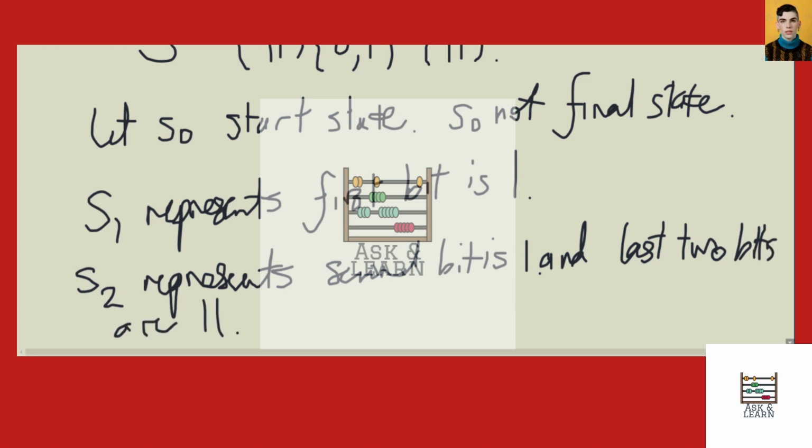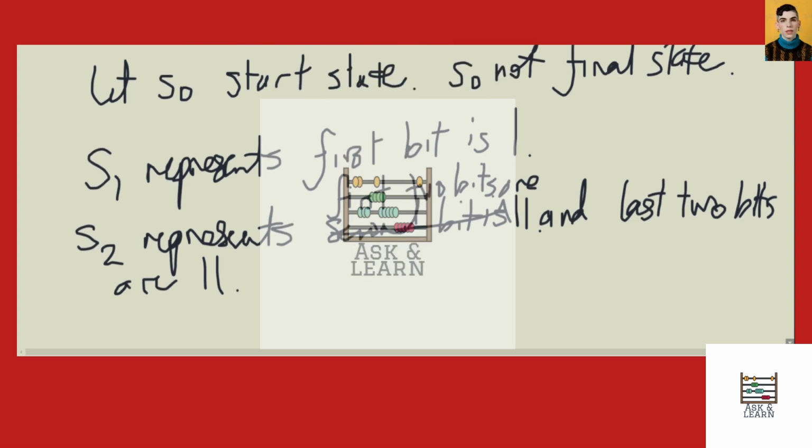So this is actually, instead of just saying the second bit is 1, we'll say the first two bits are 1 and the last two bits are 1, 1. So we have that this is going to be a final state.